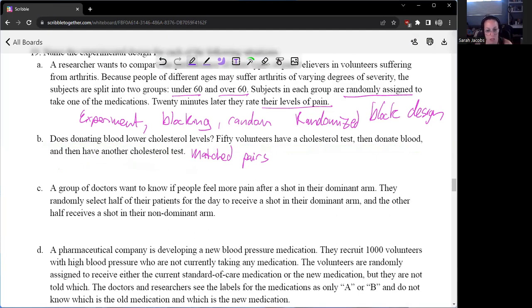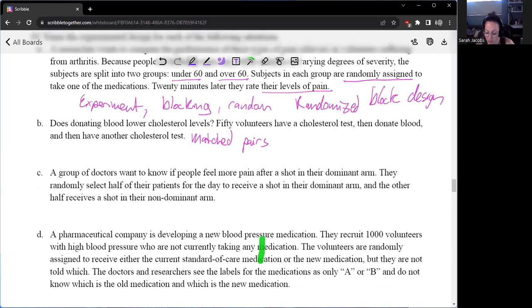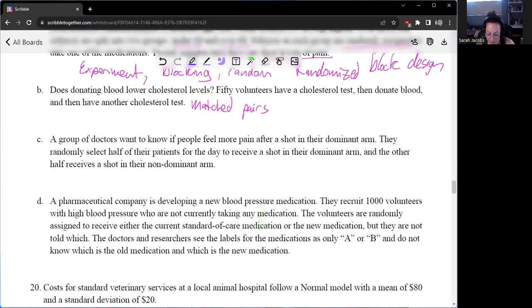So it's just an observational study. But because we're pairing someone against themselves, that's what we're going to call a matched pairs design. And that can reduce a lot of bias because you're mostly the same as yourself before and after you donate blood. So there's a lot of variables being mitigated.